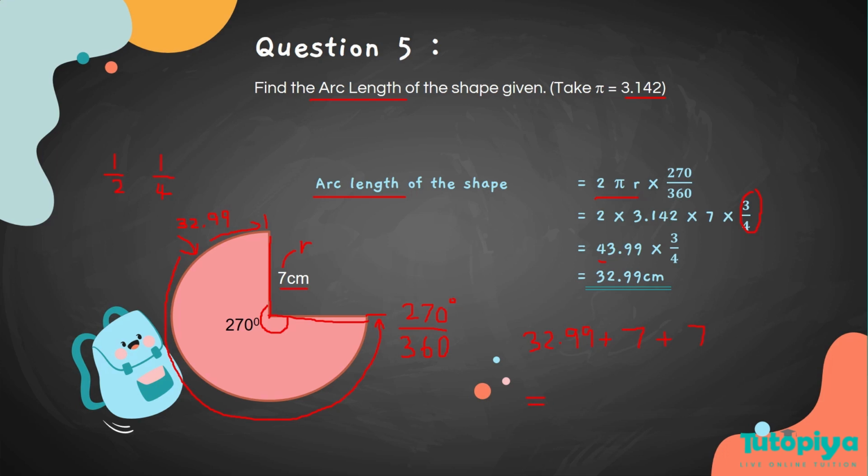So 32.99 add 14 is going to be 46.99 centimeters, which will be the perimeter. This is just an example. They have not asked you for the perimeter, but it's just another example. So the arc length here is 32.99. All right.